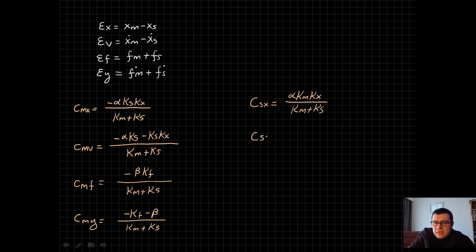C slave side velocity is alpha km plus km kx over km plus kx.